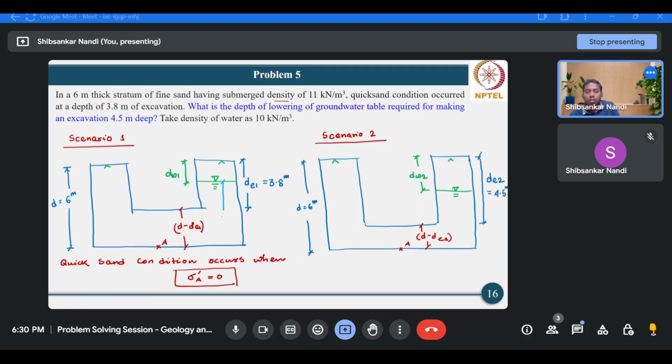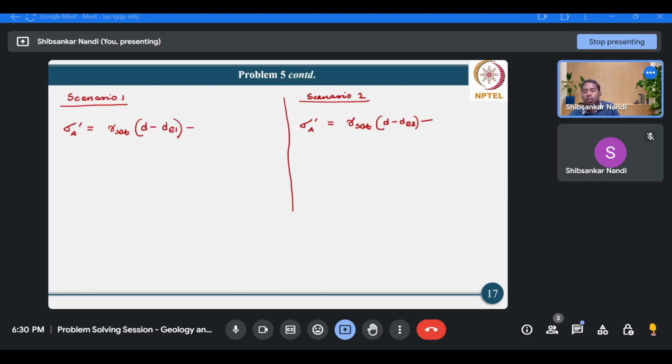It would be d minus dw1 for scenario 1, and d minus dw2 for scenario 2, multiplied by the unit weight of water, which is 10 for this problem. Now we have to equate this value to 0 for the quicksand condition.